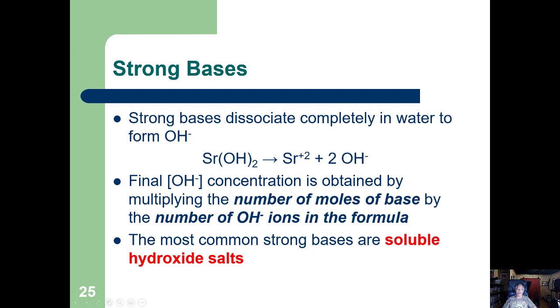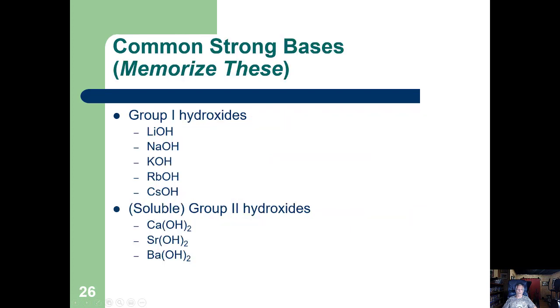So if this were 1 times 10 to the minus 3, your hydroxide ion concentration would be 2 times 10 to the minus 3. So here are your strong bases, okay, all 8 of them. The alkali metal hydroxides, calcium, strontium, and barium, these are the ones that get you into trouble. You have to remember it's a 2 for 1.